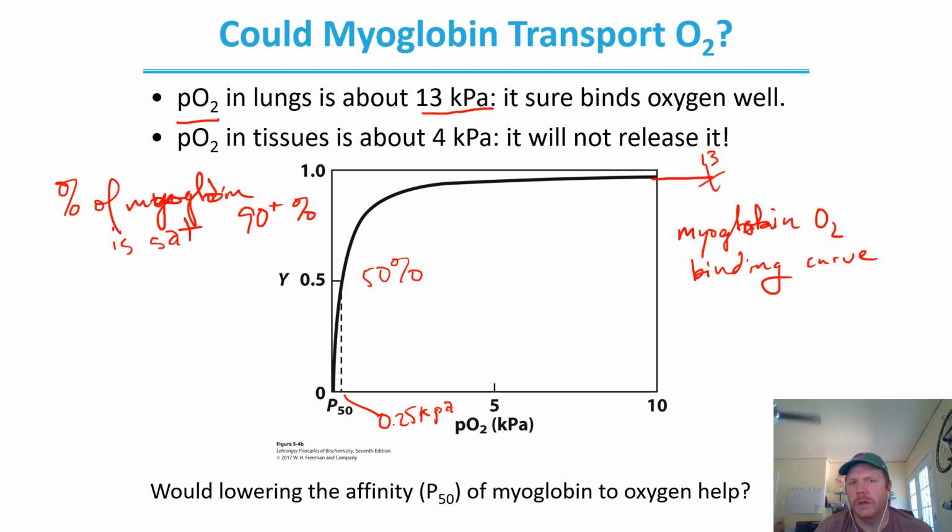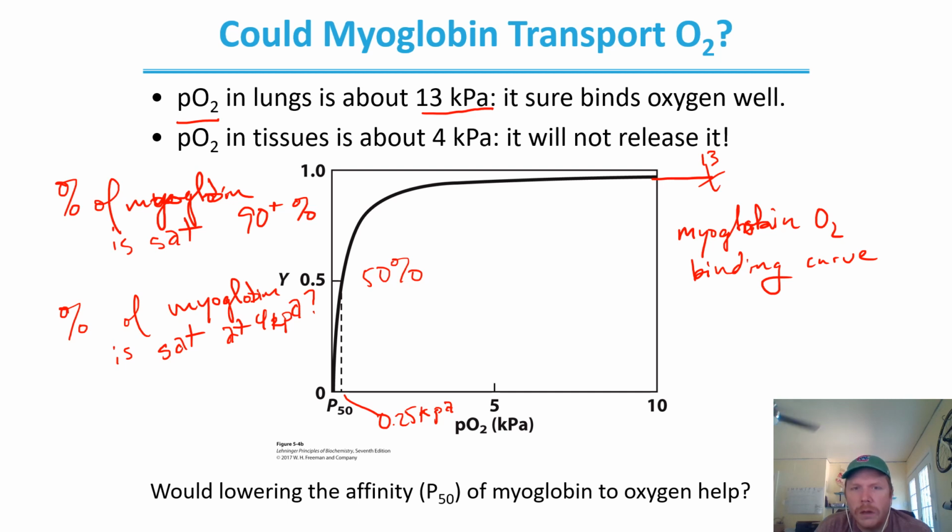Okay, out there. Now, what percentage of myoglobin is saturated at 4 kilopascals? Well, 4 kilopascals is right there. We're talking like 85% or something like that.